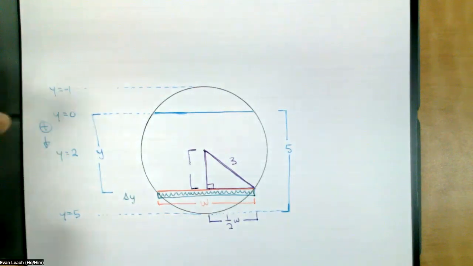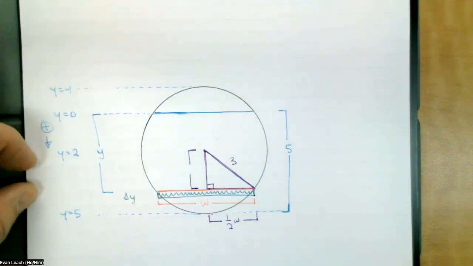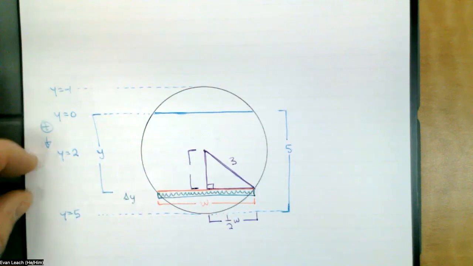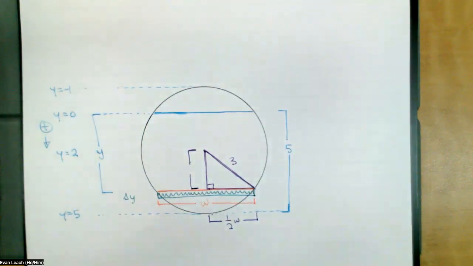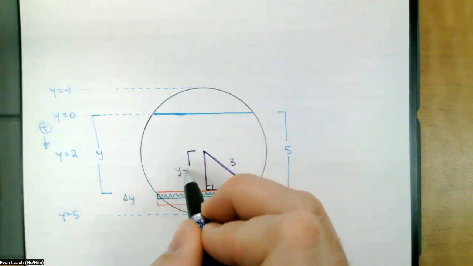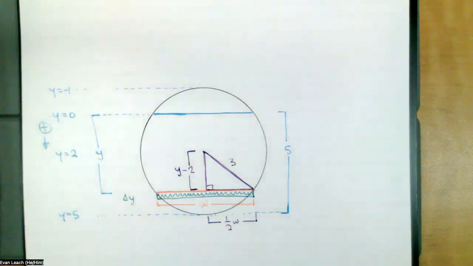The distance from 0 to the slice is y, but I have to subtract off the 2 feet from the surface of the water to the center of the circle. So this distance here is y minus 2. So now we have a different relationship between w and y.